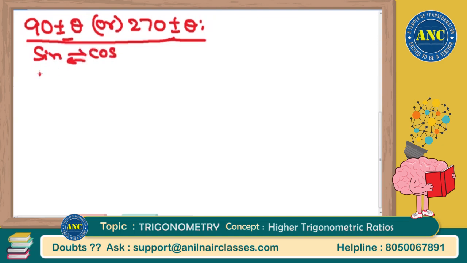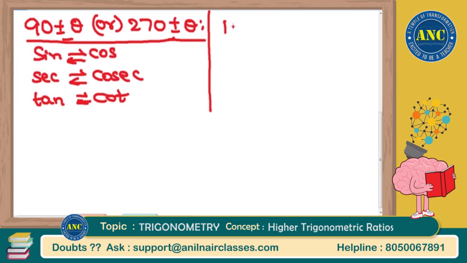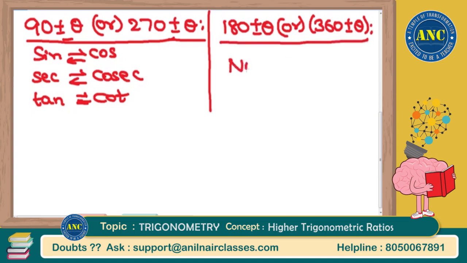Cos into sine, secant into cosecant, cosecant into secant, tan into cot, cot into tan. And whenever it is 180 plus or minus theta, or 360 plus or minus theta, or 0 plus or minus theta, my trigonometric functions will remain the same. There is no change in the trigonometric functions.